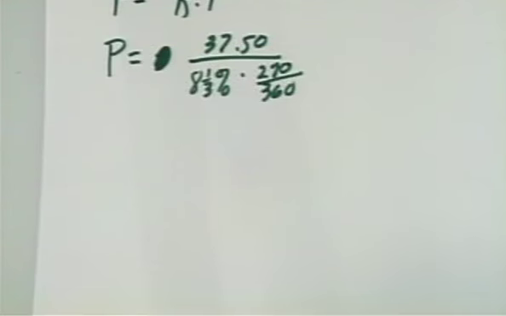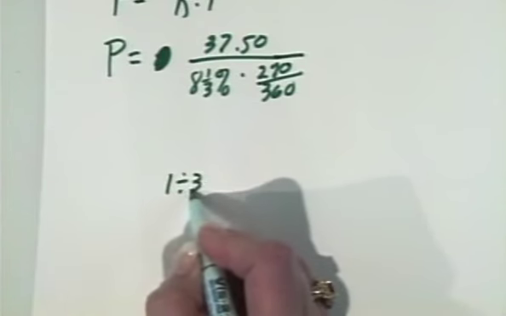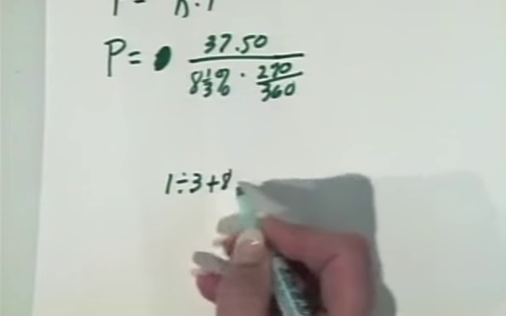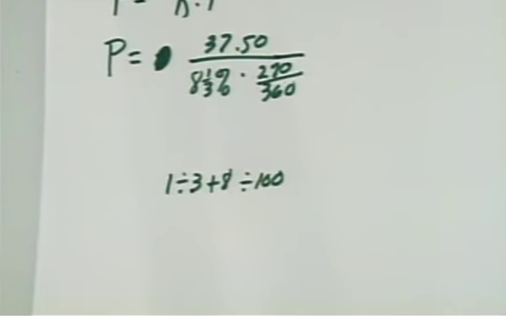When we've got that third, what we really need to do with that is take care of that denominator. So we're going to do 1 divided by 3 plus 8, divided by 100, right? Then take that times 270 divided by 360.